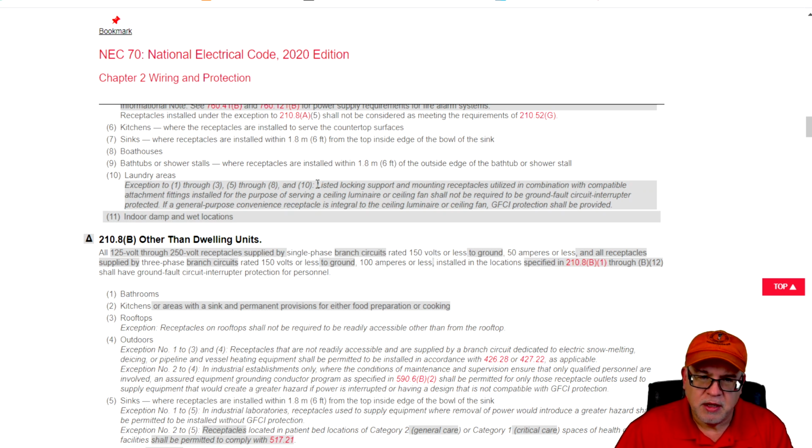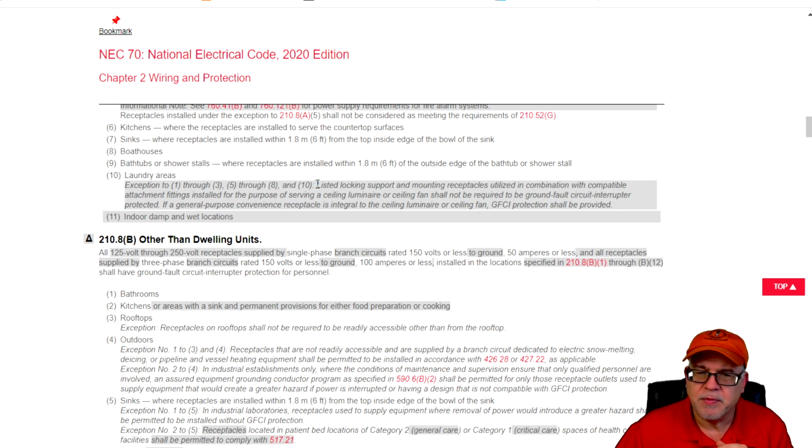Now let's talk about this exception again. It's an exception to 1 through 3, so that's 1, 2, and 3. It's an exception to 5, 6, 7, and 8. It's not touching the crawl space requirement. And of course, it picks up item 10, which is the laundry area.